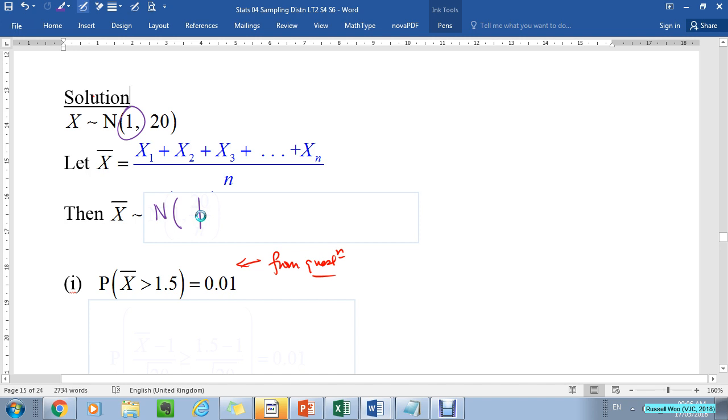What is the variance of X bar? It must be the variance divided by n. Correct? It must be the variance of X divided by n.